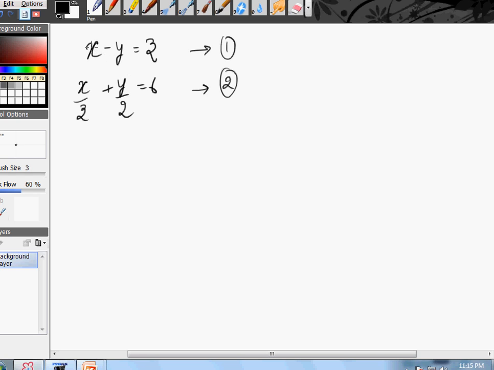If we study the variables of both the equations, we can see that if we multiply this equation by 1 and this equation by 3, then the coefficient of x becomes x into 1 equals x, and here x by 3 into 3 equals x.